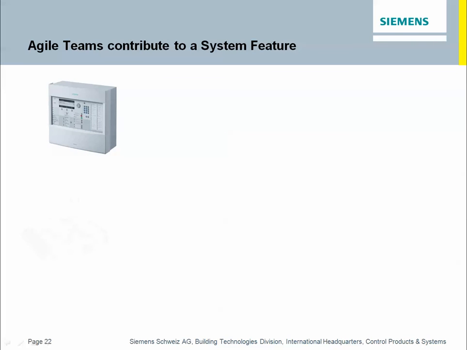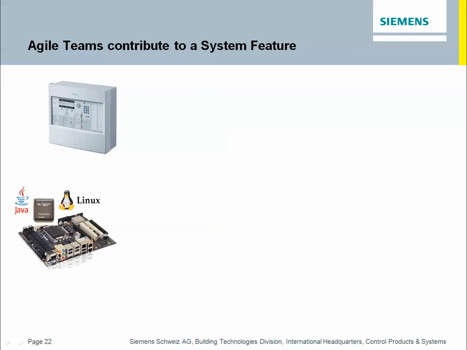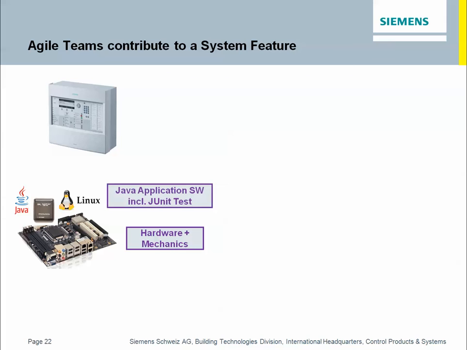Of course, we need to have a team responsible for the hardware and mechanics. That's one team, and they provide the hardware. On the hardware, we have an operating system, Linux, and we have a Java application software team which writes software for this processor, and they also write JUnit tests for it.